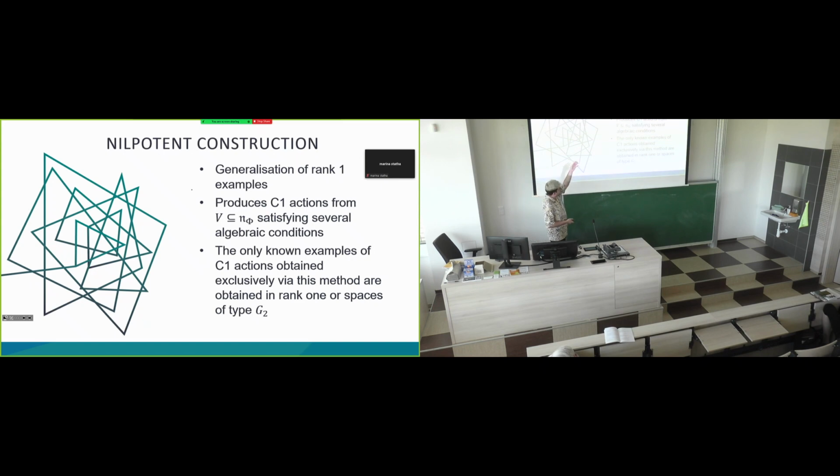And basically this comes from generalizing how the actions on rank 1 are built with singular orbits, because of course in rank 1 you can't extend actions from lower rank symmetric spaces. One important thing to say here is that so far this nilpotent construction method, but for rank 1 and symmetric spaces of type G2, has always produced actions which could be obtained by extending actions on lower rank symmetric spaces.